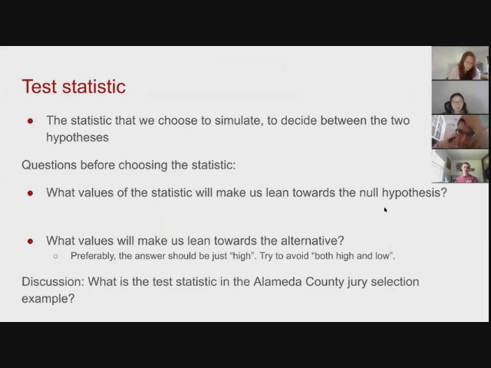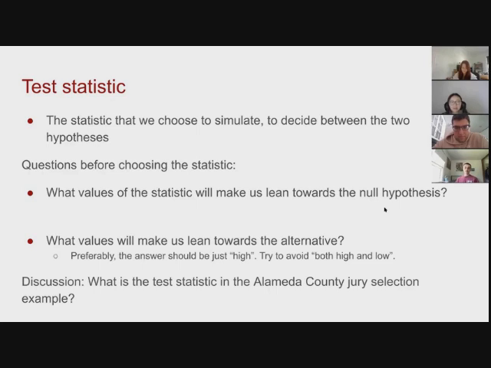For the total variation distance, in general, the smaller that value is, the more evidence for the null hypothesis, because the smaller the distance, the closer the actual observed percentages are to what we expect to see under the null hypothesis. So a small TVD gives us more evidence for the null, and larger values of the TVD give us more evidence for the alternative. So this is an example, and we'll see even more coming up.